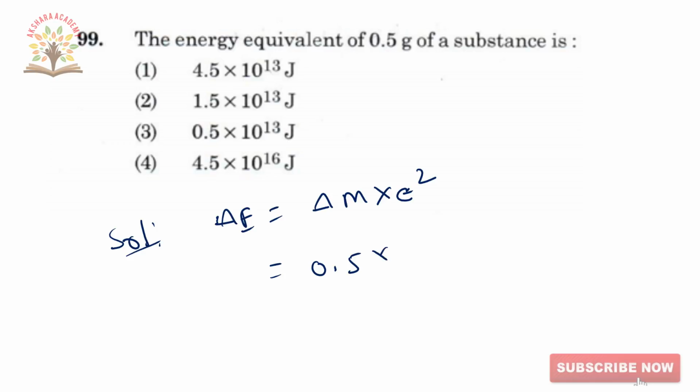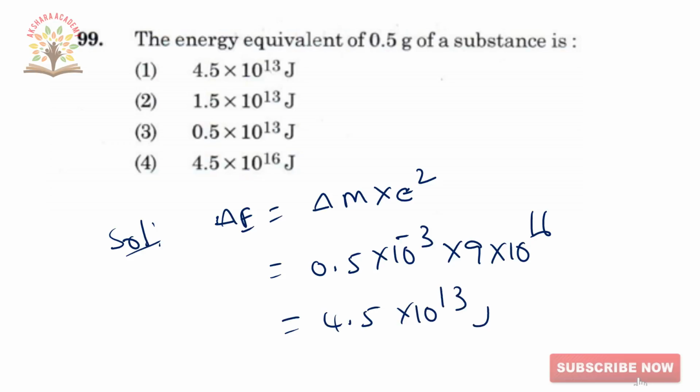Energy equivalent of 0.5 grams of substance is, now we are writing the solution. Here delta E is equal to delta M into c square, that is equal to 0.5 into 10 to the power of minus 3 into 9 into 10 to the power of 16, that is equal to 4.5 into 10 to the power of 13 joules. So the first option is the correct option.